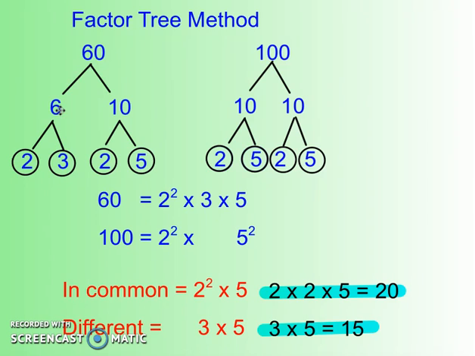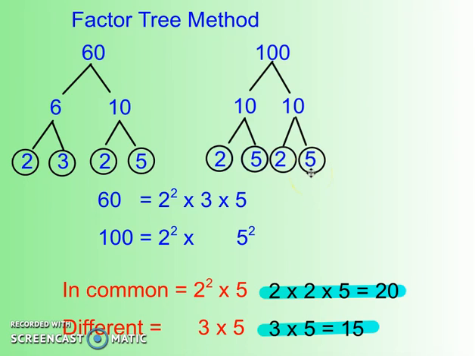And I decided, hey, I know that I can actually draw two more branches off of each of them, because I know 2 times 3 is 6. So that's what I did. And then 2 and 3 are prime numbers, so I circled them. And I did the same thing with 10. 2 times 5 is 10. Notice they're prime numbers, and I circled them. Then over here, for 100, I did 10 times 10 is 100. And then I broke them down into two more branches, 2 times 5 and 2 times 5, and those are prime numbers, so I circled them.